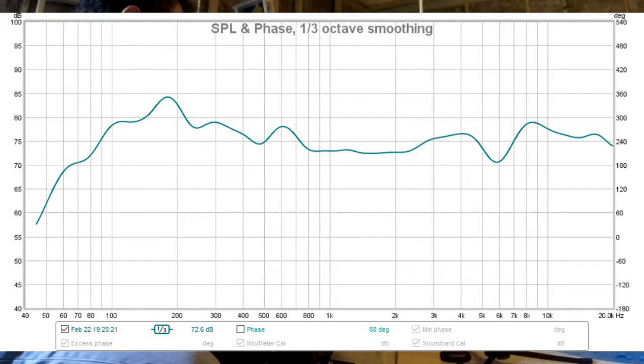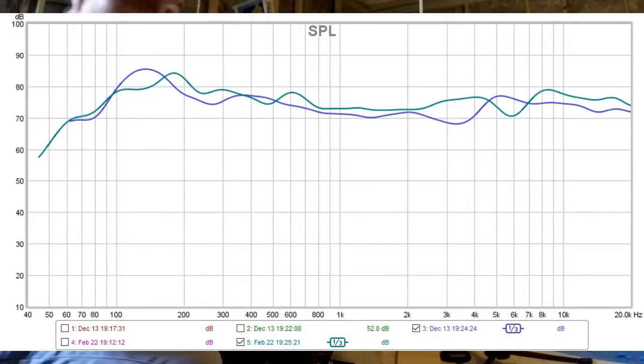So let's compare that by overlaying it with the first one. What we're looking at is the graph difference between the blue one, being without insulation, and the purple one, which is the new one that I just did.